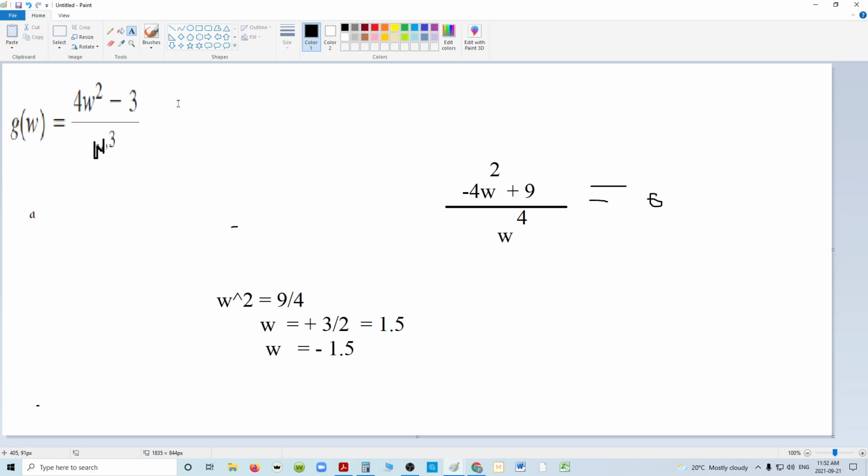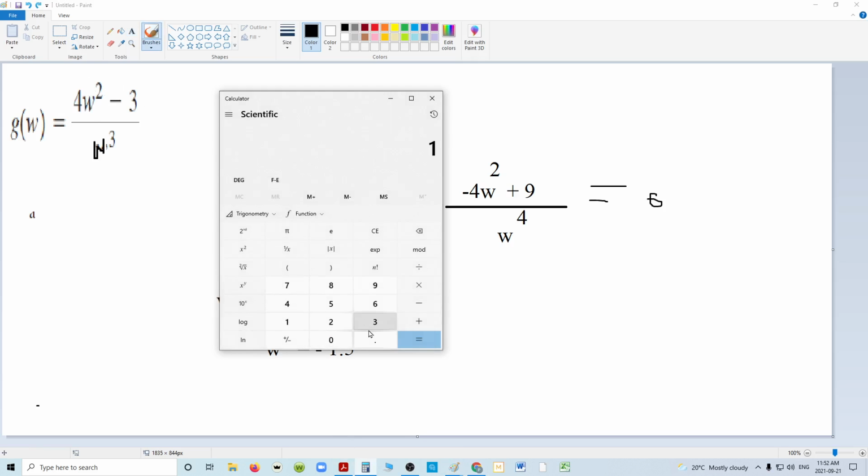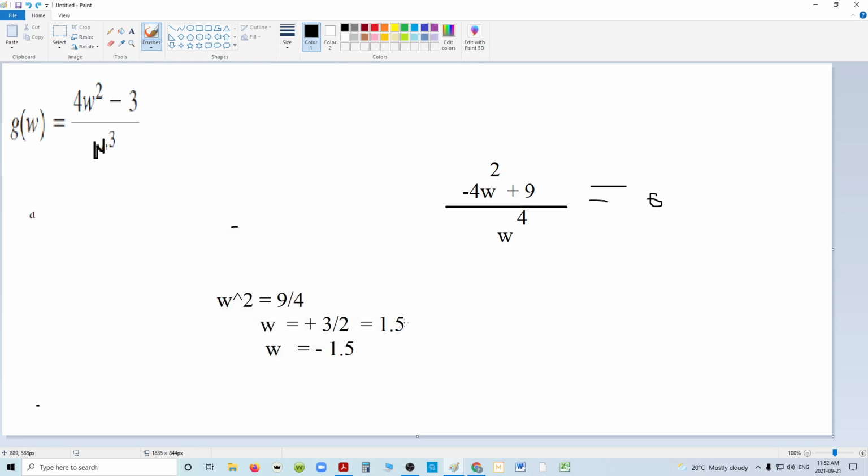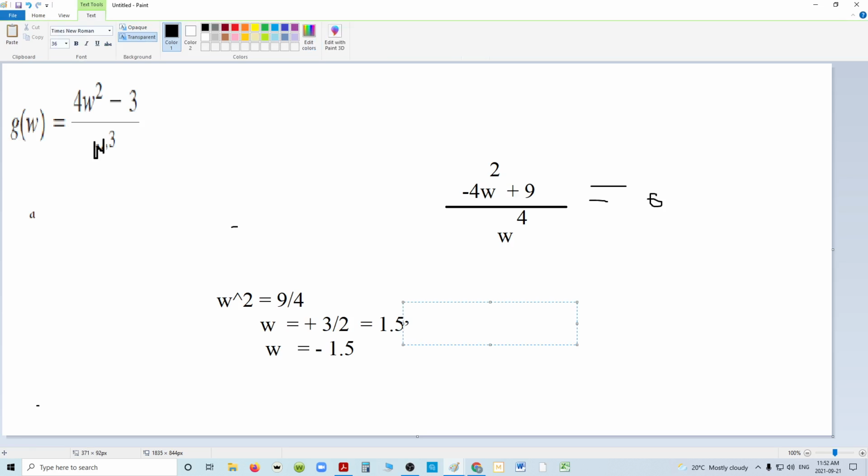If we go back to our original equation and we punch in 1.5 squared times 4 minus 3, divided by 1.5 to the cube, we get 1.77, and I hope that's right, which means 1.5 comma 1.77 is the one point.